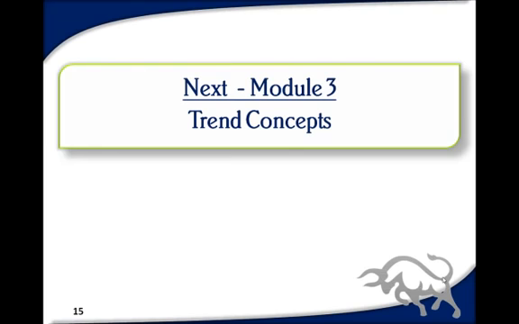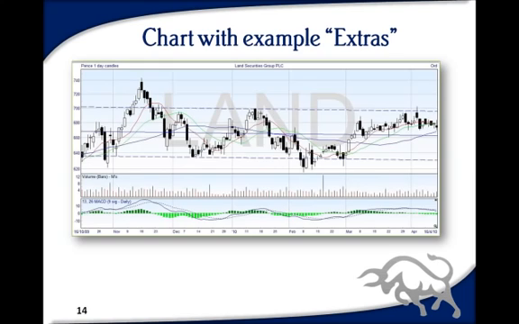The moving averages, the blue, green and red, are the lines which curve around here, and we have another module talking about moving averages later.